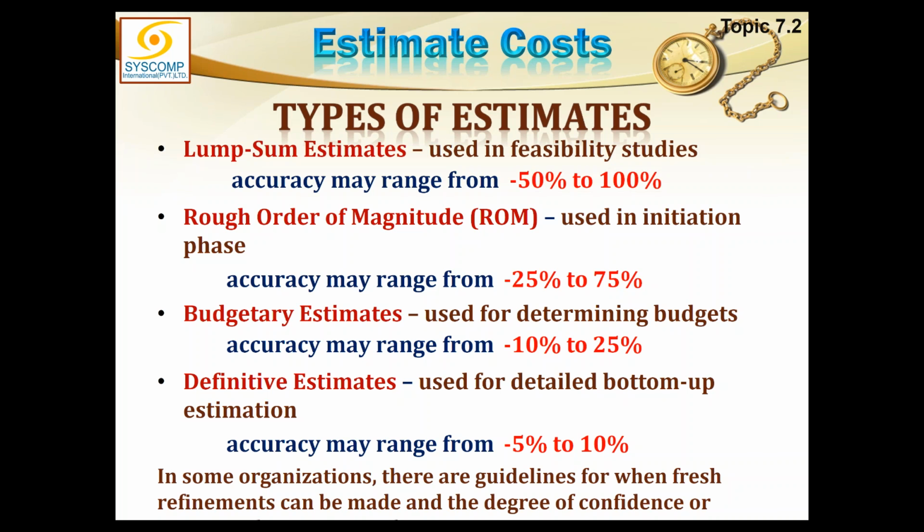This is the most accurate estimate, but still it is an estimate because it has not yet happened. Actually, when we do this job, it may be a little plus or minus. So how much plus or minus that can be is minus 5% to plus 10%. So if I said 100,000, then it will be 95,000 to 110,000. This is the flexibility in definitive estimates.